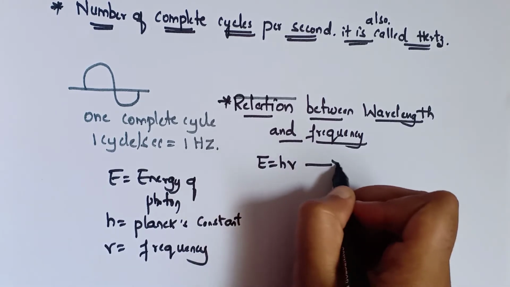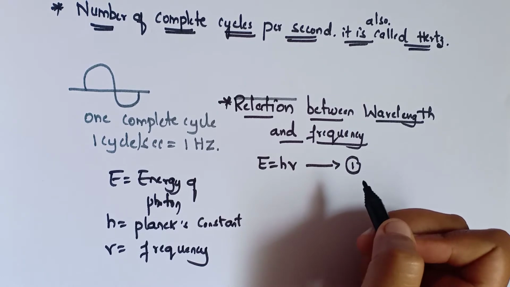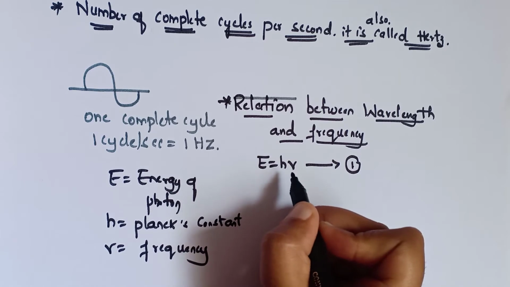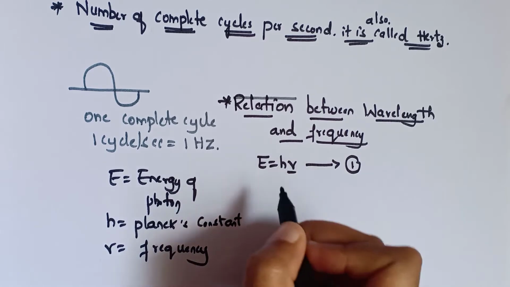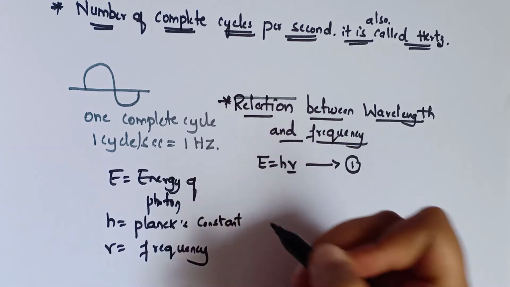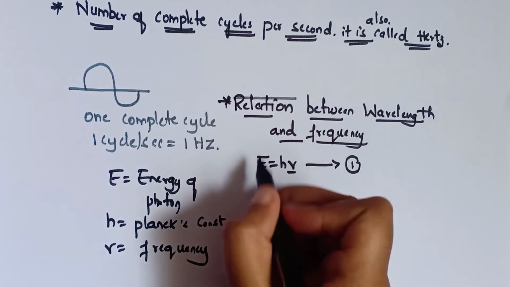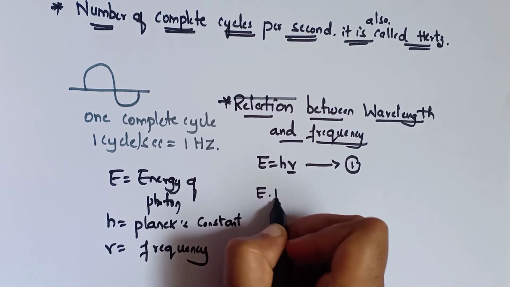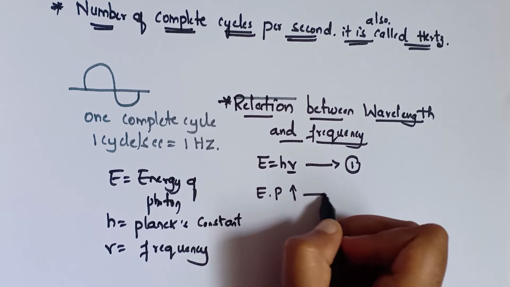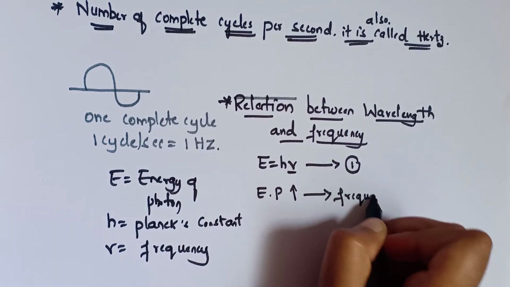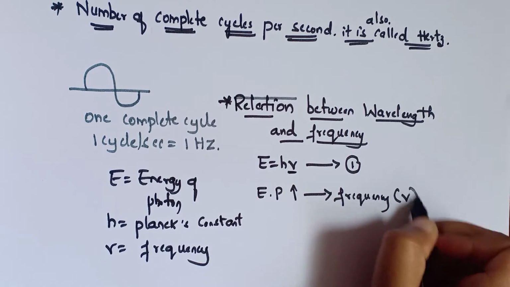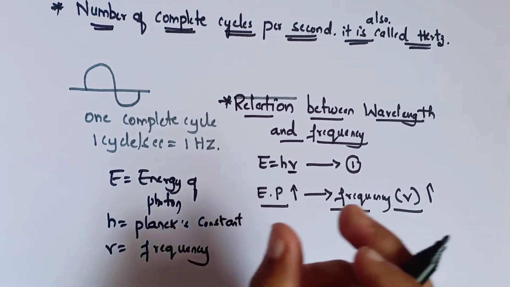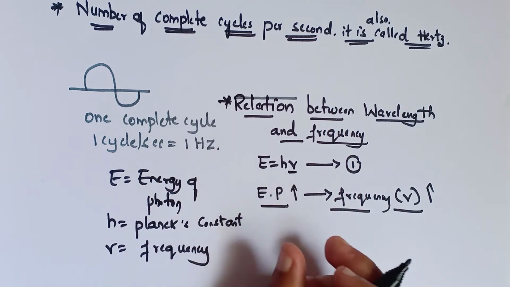Let's name it as 1. So here you can observe that energy of photon is directly proportional to the frequency. That is, if the energy of a photon increases, then the frequency, that is nu, also increases. This is the relation between energy of a photon and frequency.